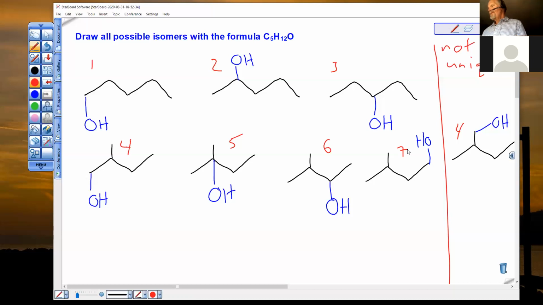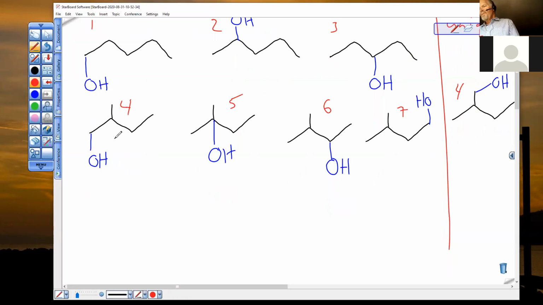So do you remember your strategy for doing the C7H16? After you did 4 carbons in a row with a branched carbon, let's do 3 carbons in a row with 2 branched carbons. Remember, you couldn't do this. That'd be the same as the skeleton we just did. 3 carbons in a row. And the only place to put the branch is here.